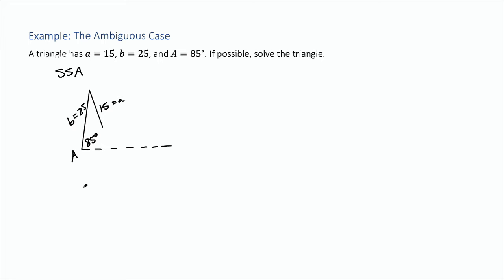Let me just show you what happens in the law of sines if you just pretend that there is a solution. So trying to solve for the angle B, because we know the side length B, we're going to do sine of the angle A, which is 85 degrees, over the side length A, which is 15, equals sine of the angle B. That would be over here, if it connects, the angle B over here, over the side length B of 25.